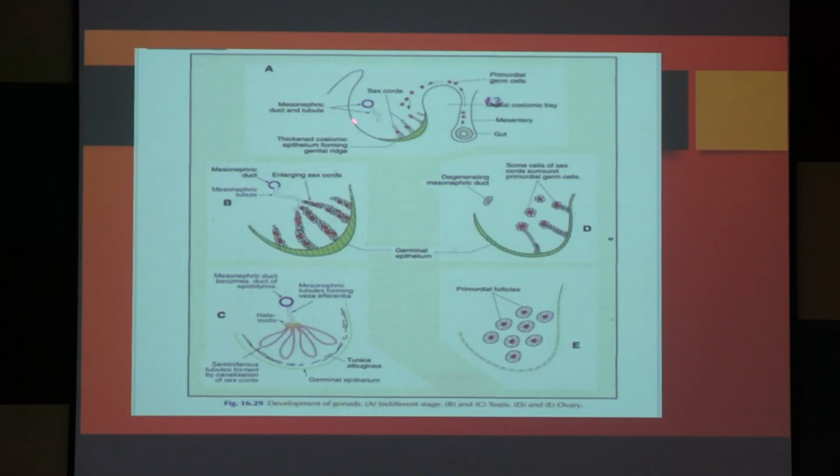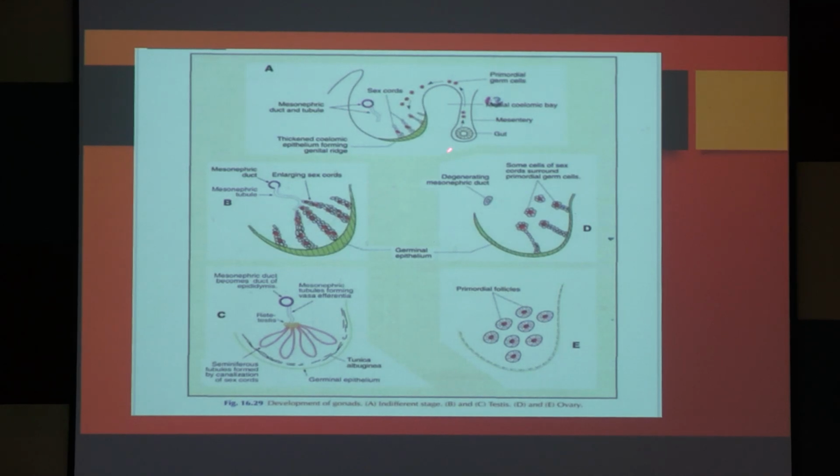The thickening is of the mesothelium, from which cords of cells go into the mesenchyme, and they break up in the presence of the migrated primordial germ cells, which form the primordial follicle, and the follicle develops.